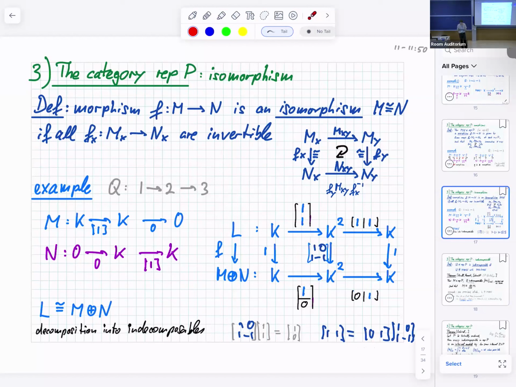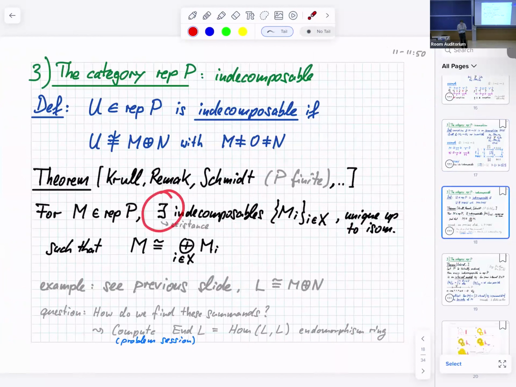Yeah. However, if I didn't know beforehand that these are the two good candidates, then it's very complicated. I mean, the theorem tells me that there exist indecomposables. The theorem doesn't tell me where do I find them or how do I look for them. Yeah. And in general, if you are given a representation, it has a large dimension. And in general, I could look for possible ways to decompose them. But in the first place, I do not know the index set.